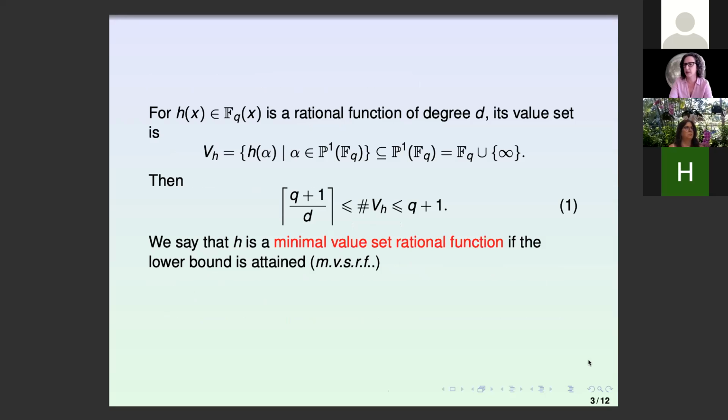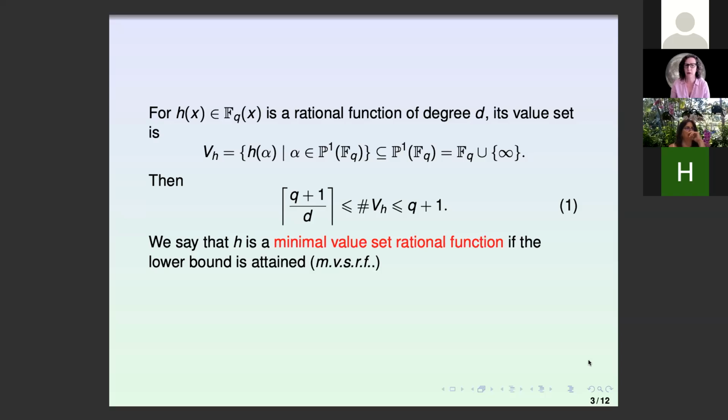The degree of a rational function is just the maximum between the degree of the numerator and the denominator. And the value set of the rational function h is just h of alpha for alpha in P1, and this is in P1 also.